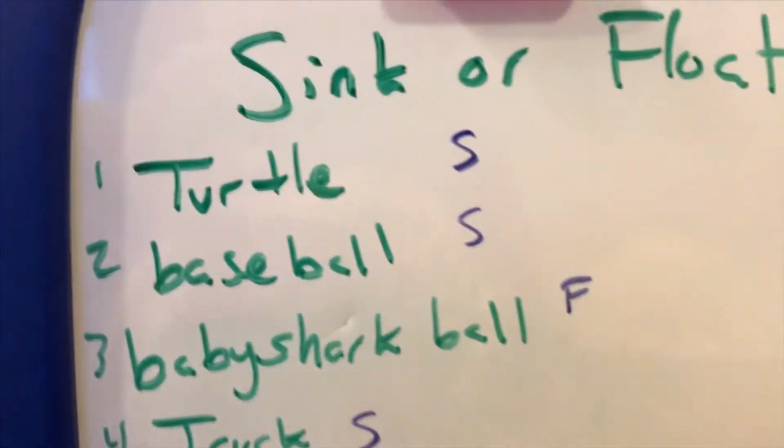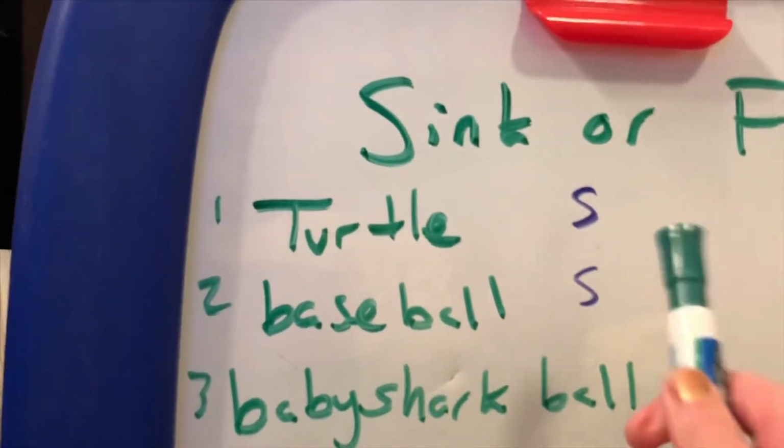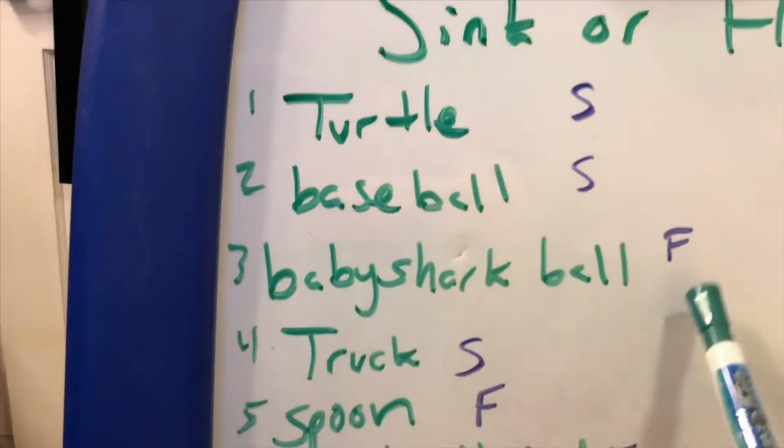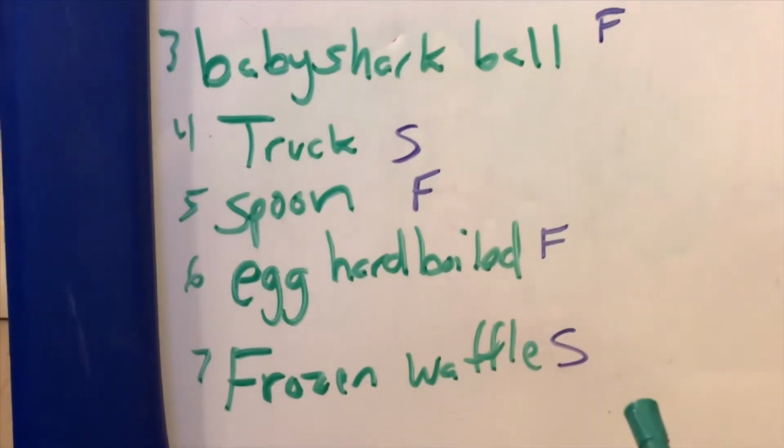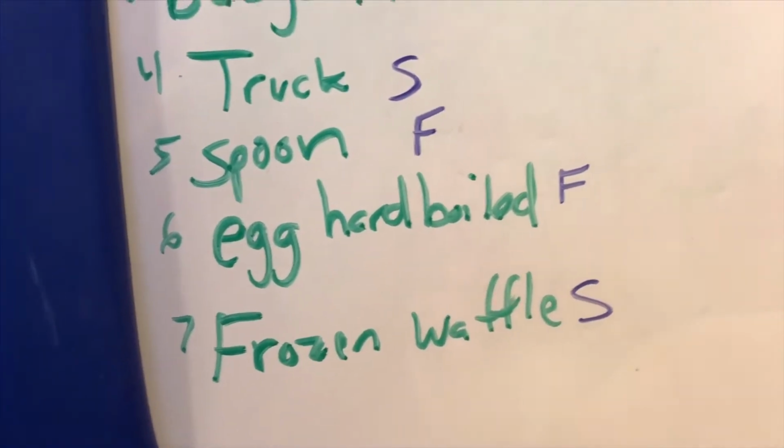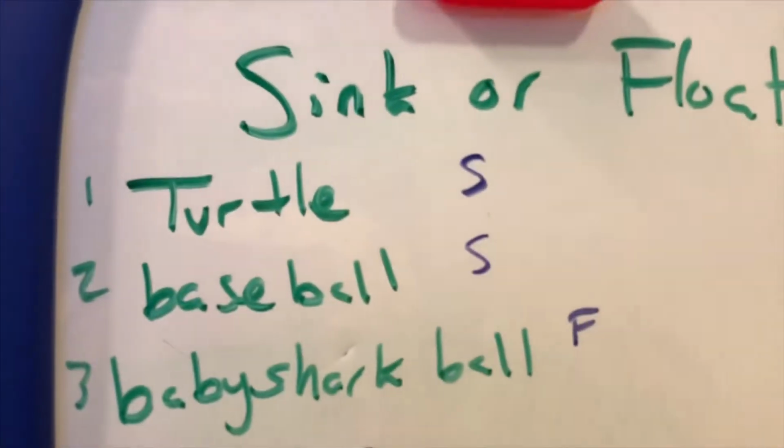Once you had your data table set up and you had your predictions, so we said turtle would sink, baseball sink, baby shark ball float, truck sink, spoon float, hard-boiled egg float, waffles sink. Go ahead and write in the actual result, what happened.